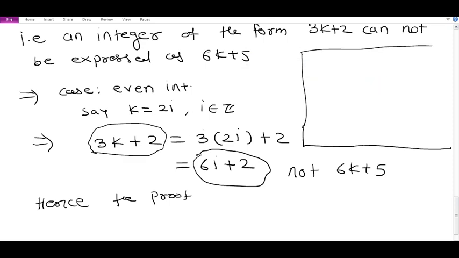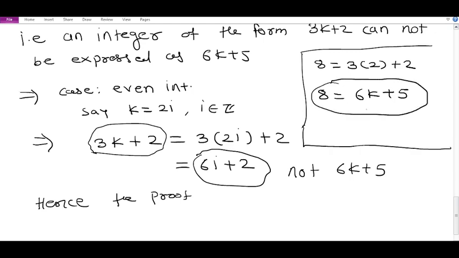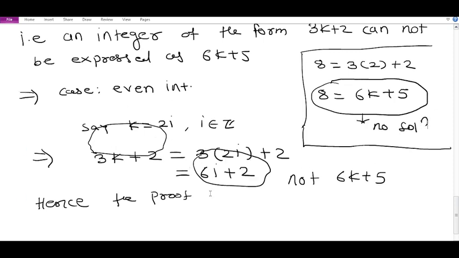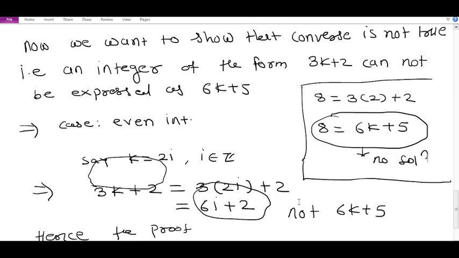Say 8 can be written as 3 into 2 plus 2, but 8 cannot be written as 6k plus 5, because this equation has no solution, okay, and hence the proof.